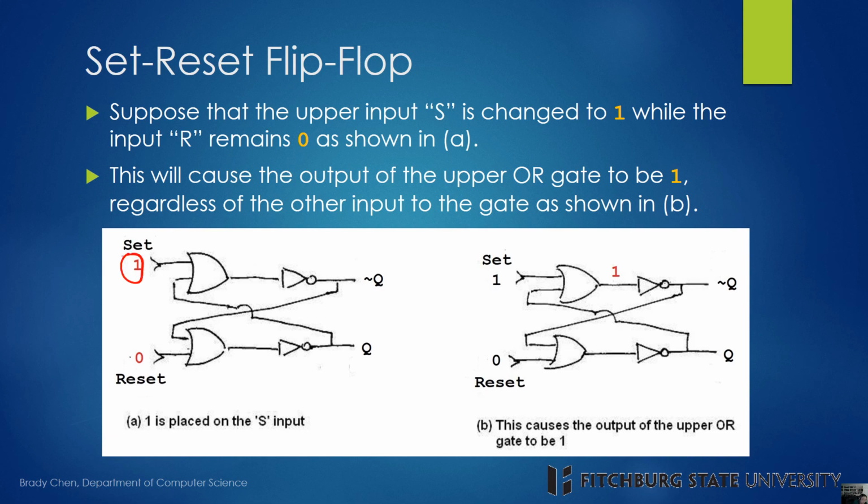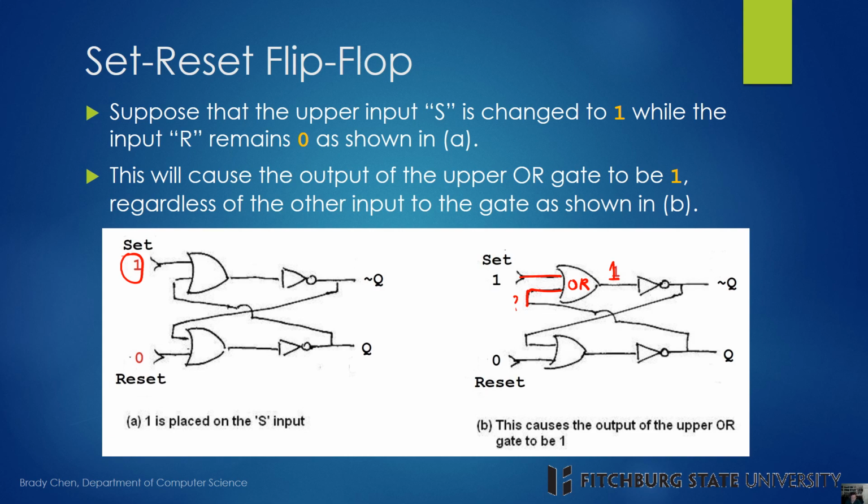This is going to force the output of the upper OR gate to 1. Remember the truth table for the OR gate. If one of the inputs is 1, it really doesn't matter what the other input is, the output should be 1.